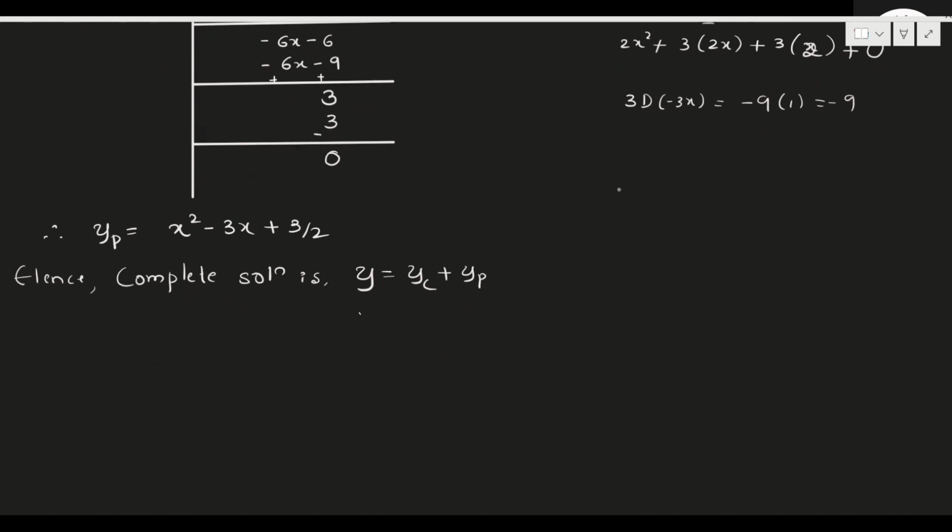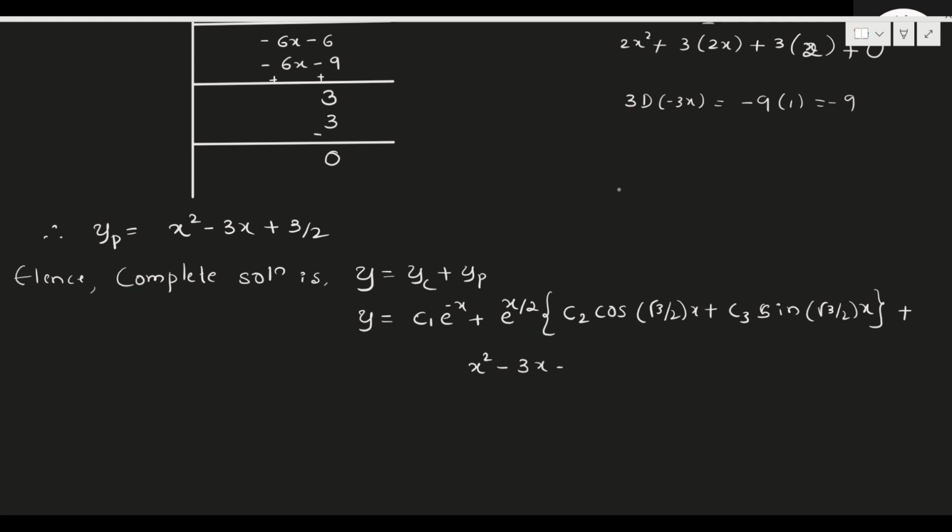So y equal to yc, which is c1 into e raised to minus x, plus e raised to x by 2 into c2 into cos root 3 by 2 x plus c3 into sine root 3 by 2 x, plus yp. yp is x square minus 3x plus 3 divided by 2.